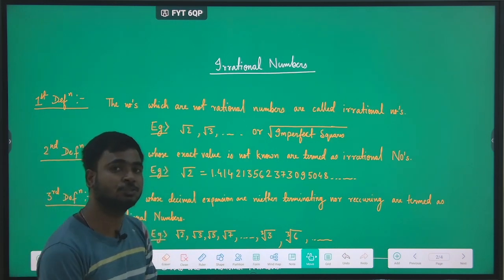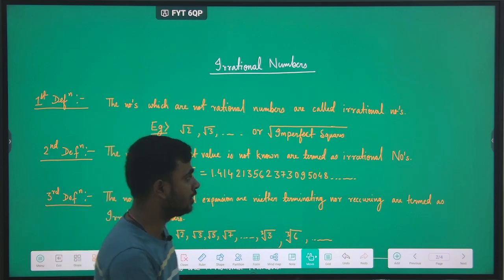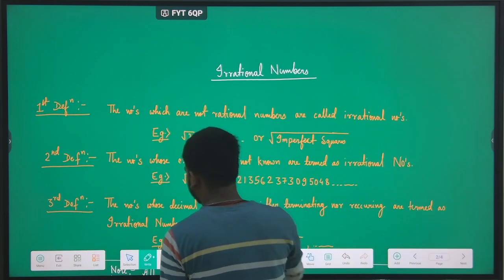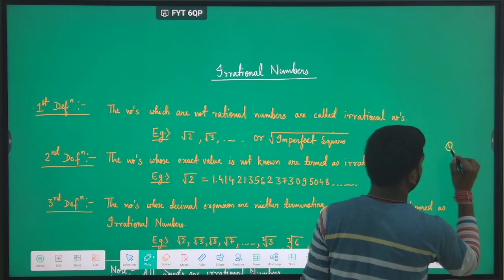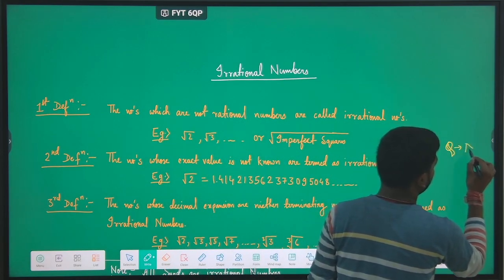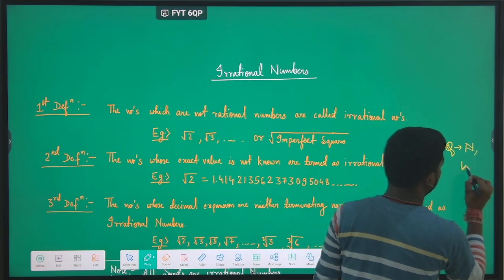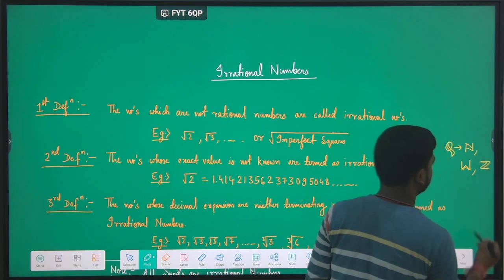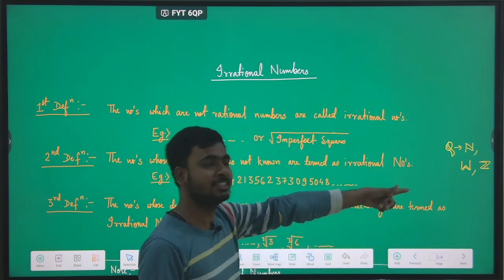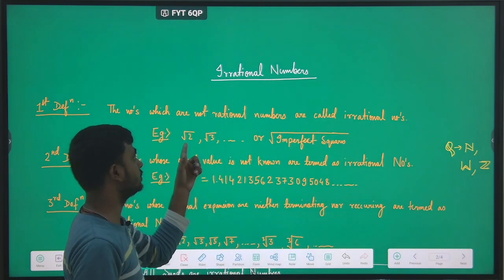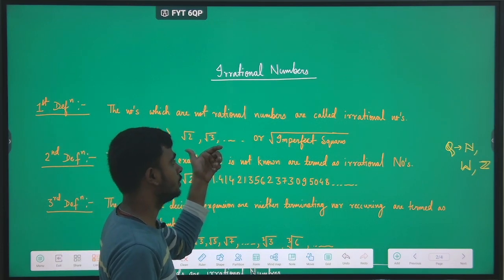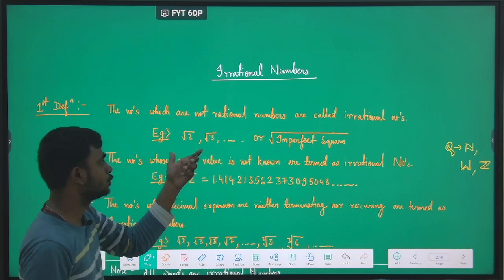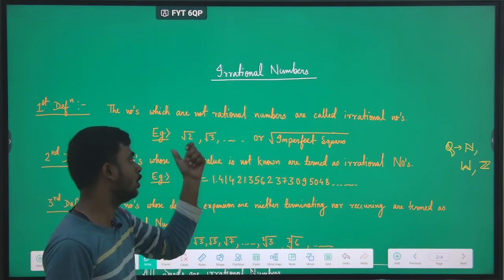Square root, we know that this set Q, the set of rationals, contains the set of natural numbers, whole numbers, and integers in it. Other than this is a set of square roots of numbers, in which the square root of 2 is not known.